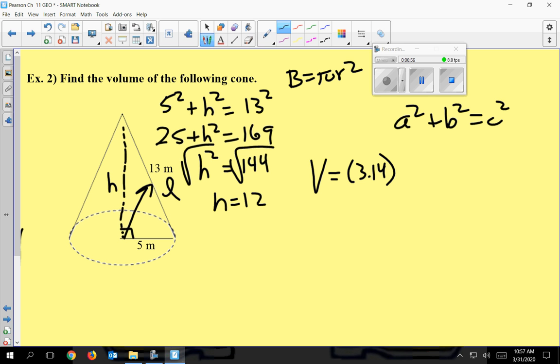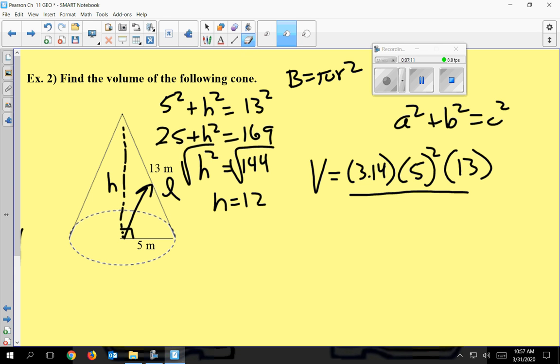The radius in this case was 5. Remember, I'm only squaring the 5. Times the vertical height is 13. And then I'm going to go ahead and divide that by 3. Not 2, 3. Okay. So I'll let you guys kind of do the math on that.